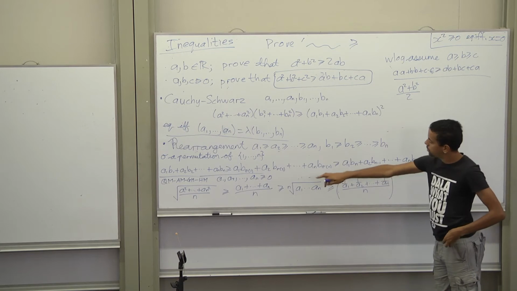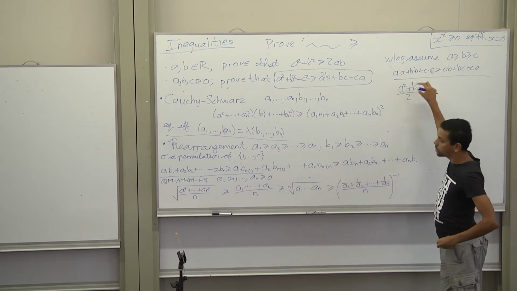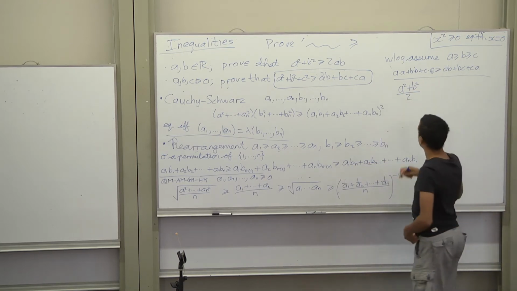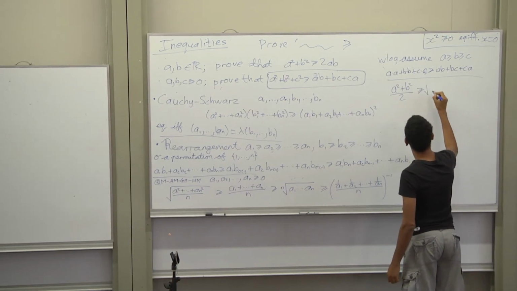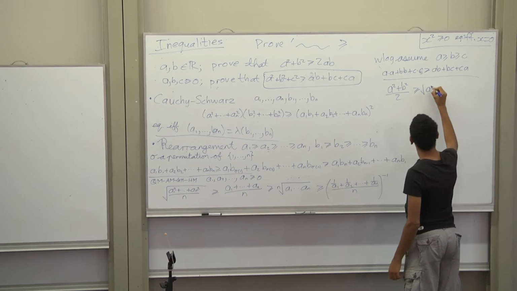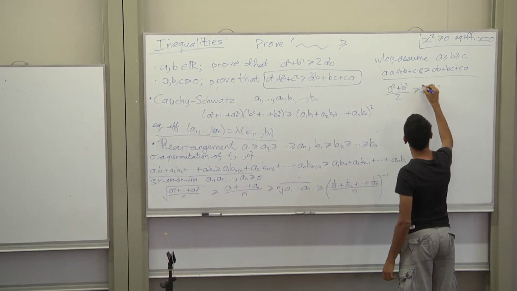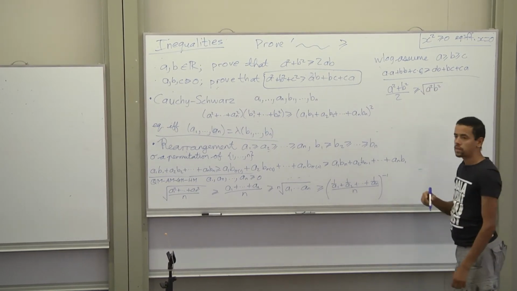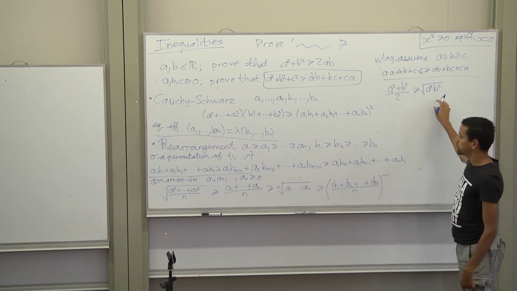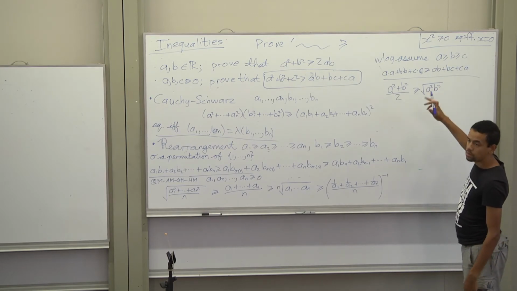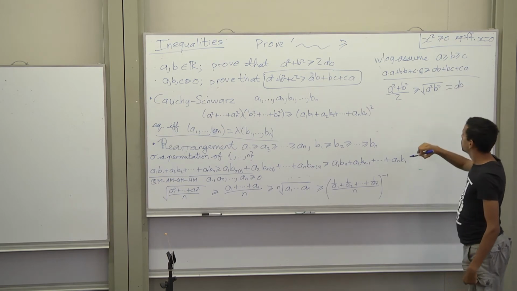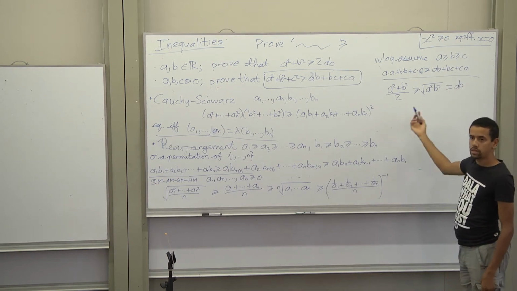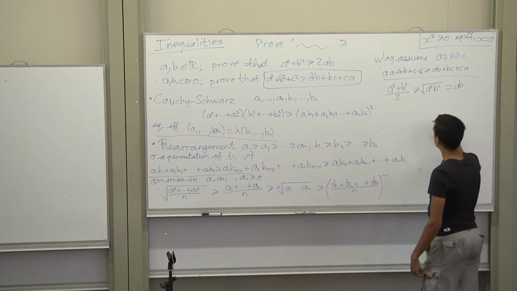So now our a1 and a2 are a squared and b squared. That is greater than or equal to the geometric mean, so the square root of a squared times b squared. And because a and b and c are positive, this on the right hand side is just ab. And I can do the same thing for BC and CA.